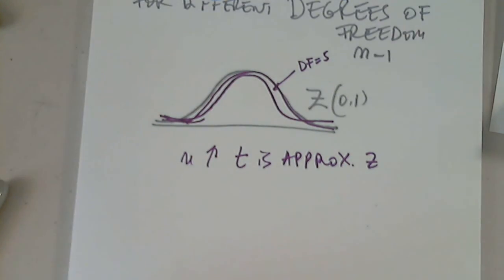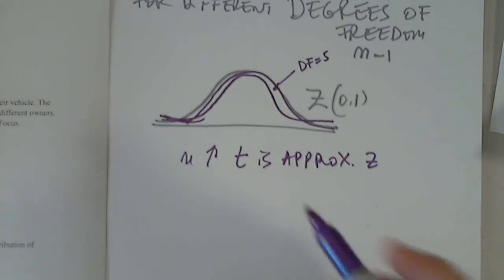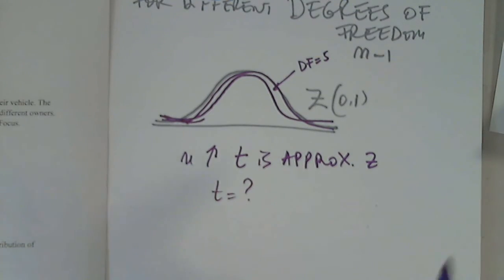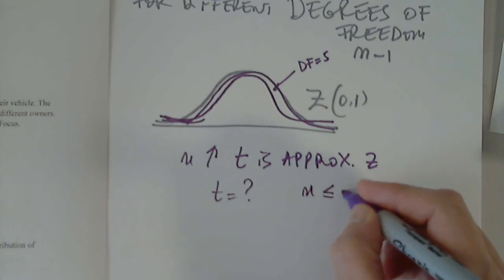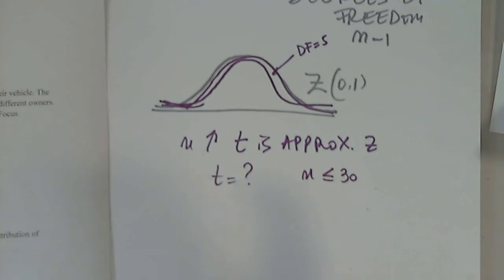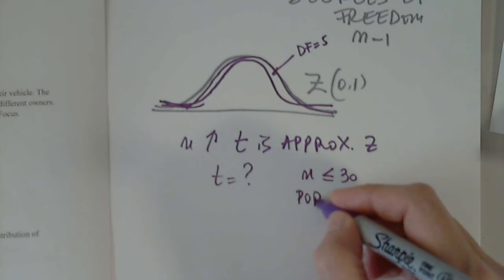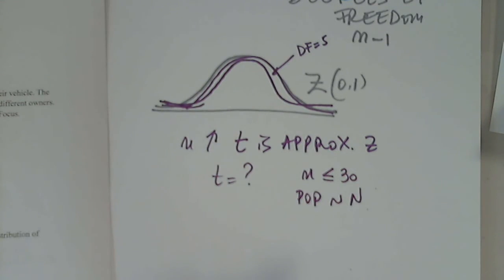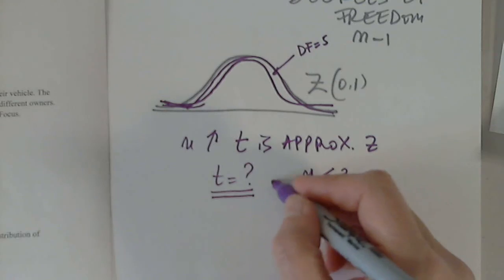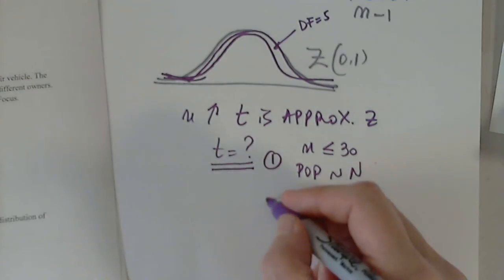Okay. Question, why do I need T? Well, whenever the sample size is less than or equal to 30, even if the population is approximately normal, it is recommended to use T instead of Z. That's one reason.